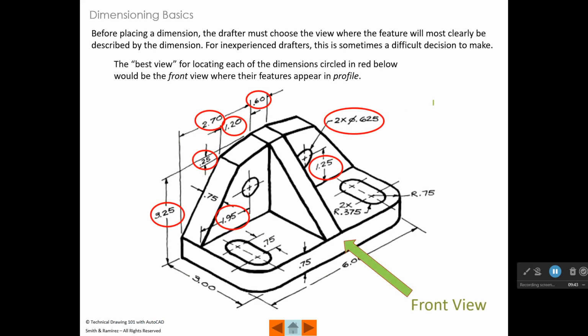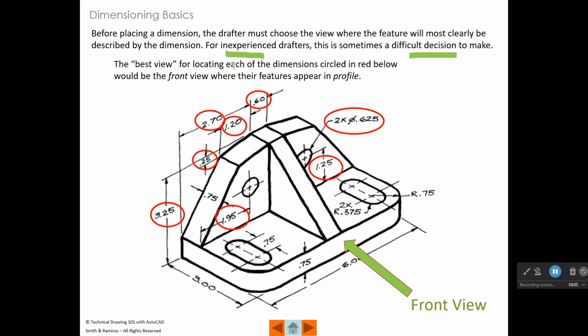So the next thing we want to think about when placing a dimension is the view where we ought to place the dimension. And we want to place the dimension in the view that will most clearly describe what the dimension is related to. And so, as I wrote here, for inexperienced drafters, this is sometimes a difficult decision to make.